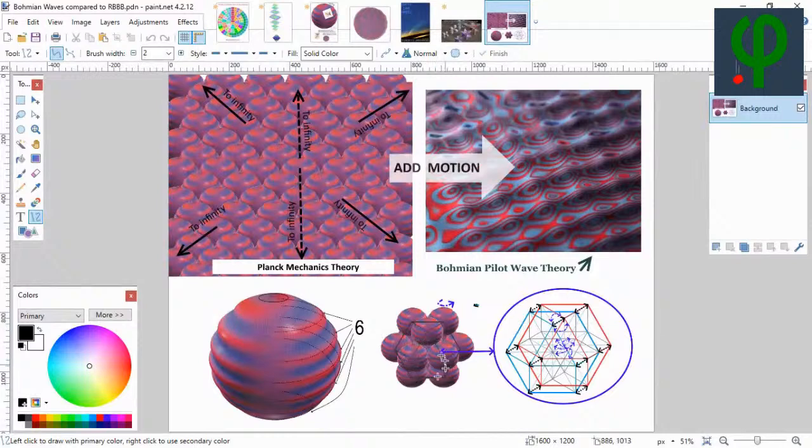Because when you spin these, you change the center to center lengths, unless you spin them all at exactly the same rate. And even then they're going to change, because when you spin two together, they have to lean left.